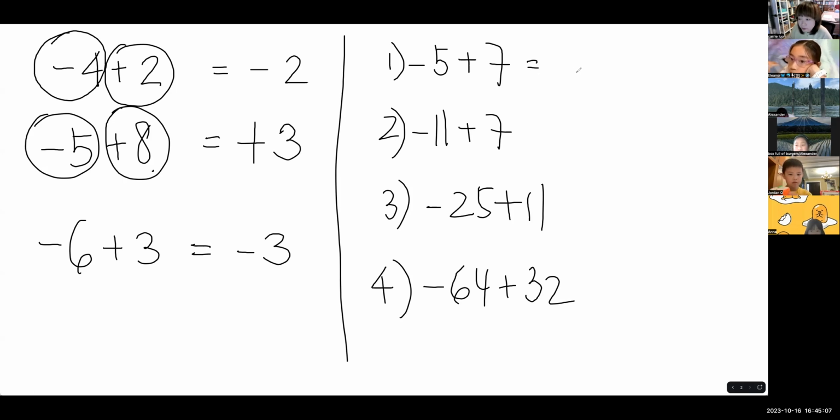Okay, so the first one, negative 5 plus 7. Eleanor, could you please tell me the answer? Positive 2, because it's positive and 2, correct? Very good. Okay, next one, negative 11 plus 7. Alexander, could you please tell me the answer?